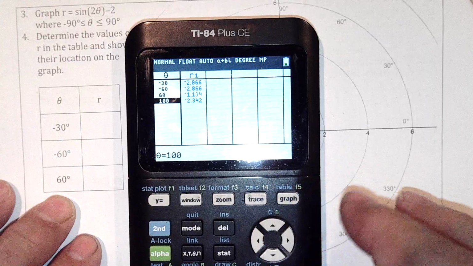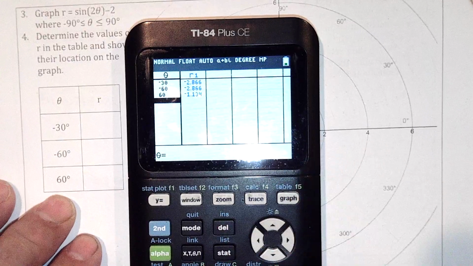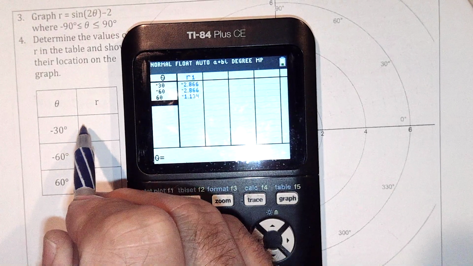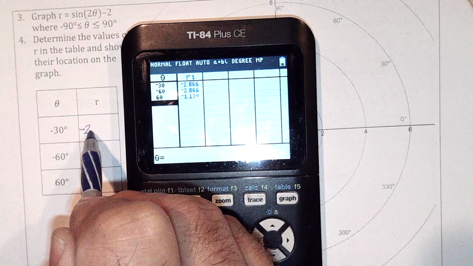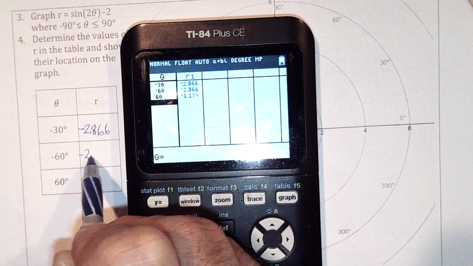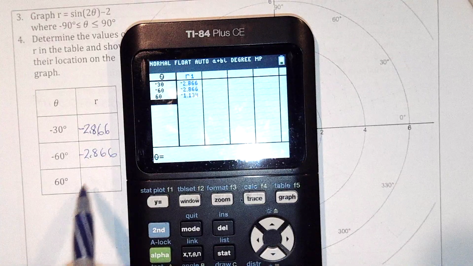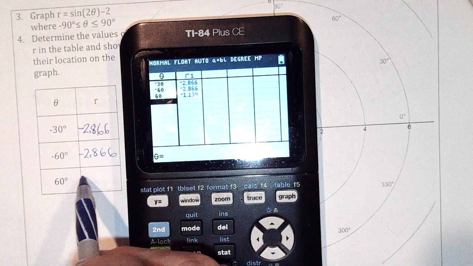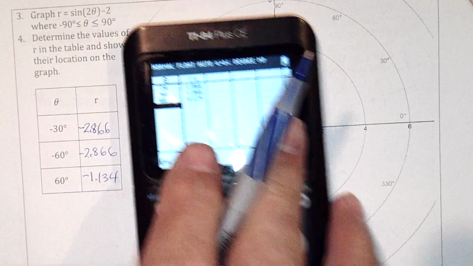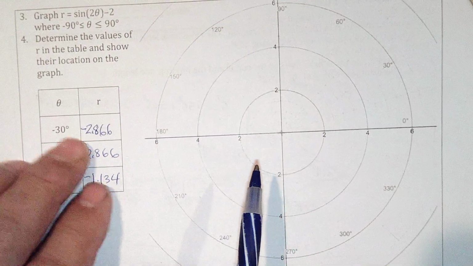I didn't need that one. And it tells me these numbers, negative 2.866, negative 2.866, so there's some symmetry going on there, and minus 1.134. Some people had trouble seeing where those were.